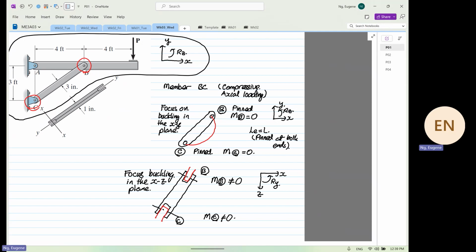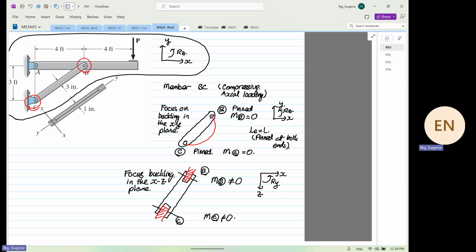Along the exact plane, the structure is not able to what? Rotate. Why is it not able to rotate? Because there's a resistance in rotation due to the structure over here and due to the structure over here.